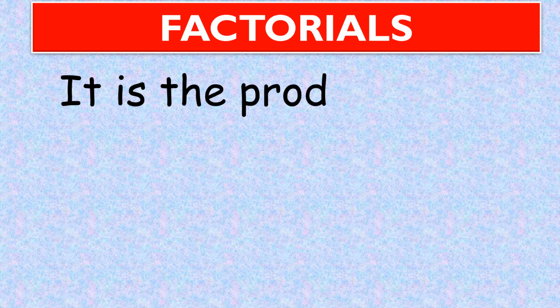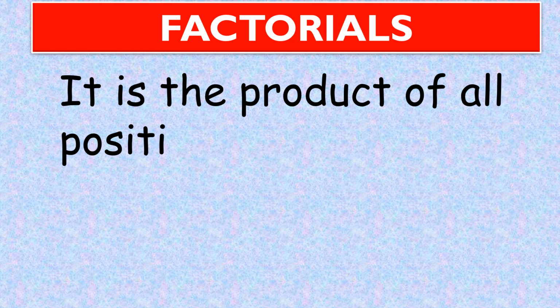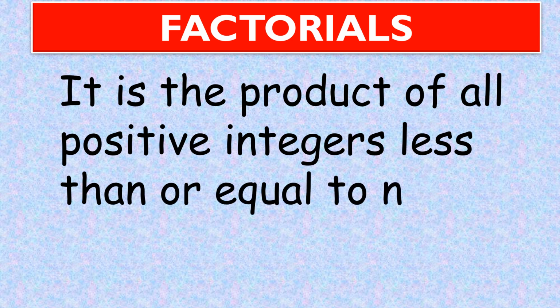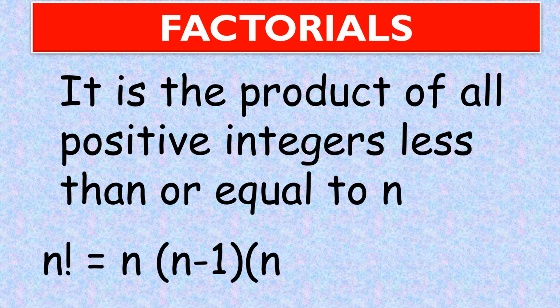So we are talking about factorials. Factorial is the product of all positive integers less than or equals to n. For instance, you have n factorial. The exclamation mark is the factorial.